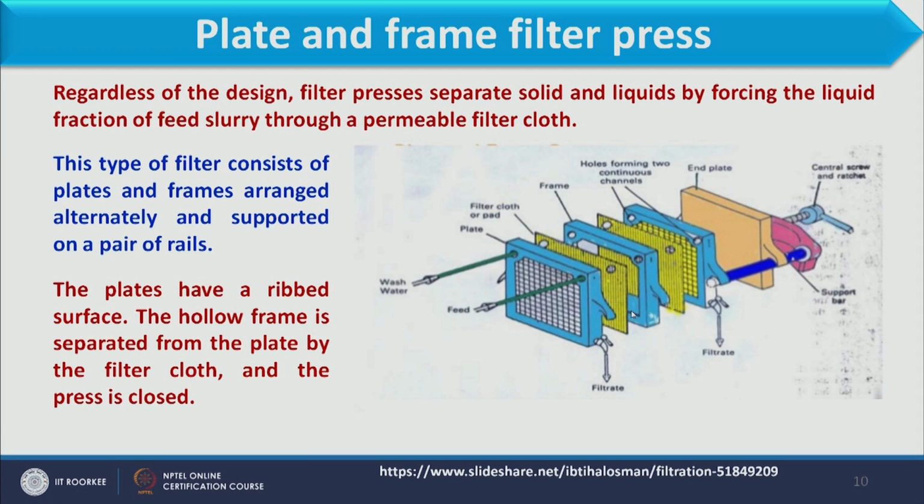The cake is deposited at the inner part of the filter media, and filtrate is collected through the plates. Similarly, in this section feed enters, cake formation is done at this surface, the filtrate penetrates through, and we collect the filtrate from the plate section through these nozzles.